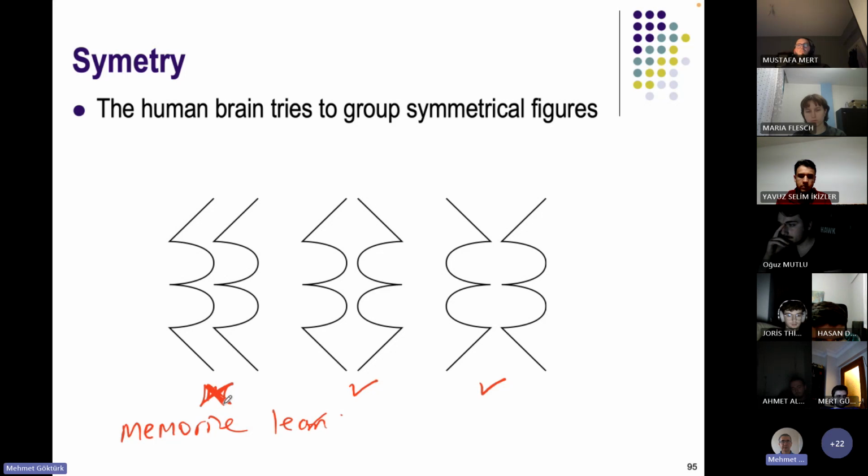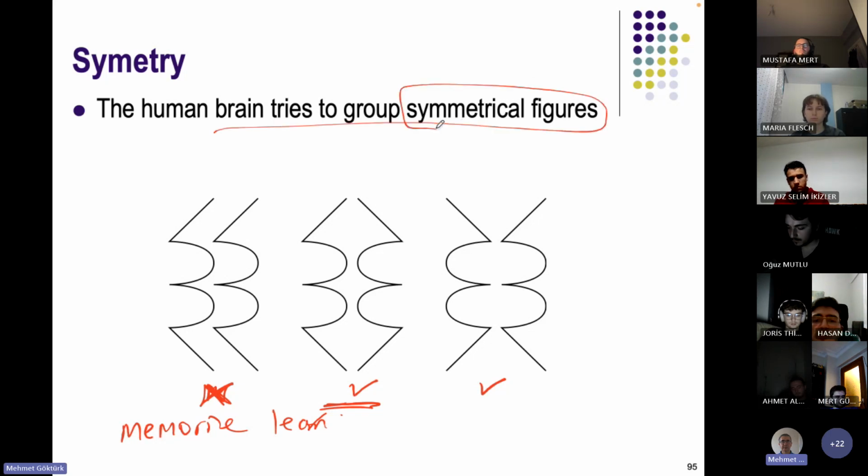Asymmetric shapes are difficult to remember. Symmetric shapes are easier to remember. Therefore, our brain tries to group symmetrical figures and reduce data and store it as a single element, which is symmetric. So storage of these images is easier.